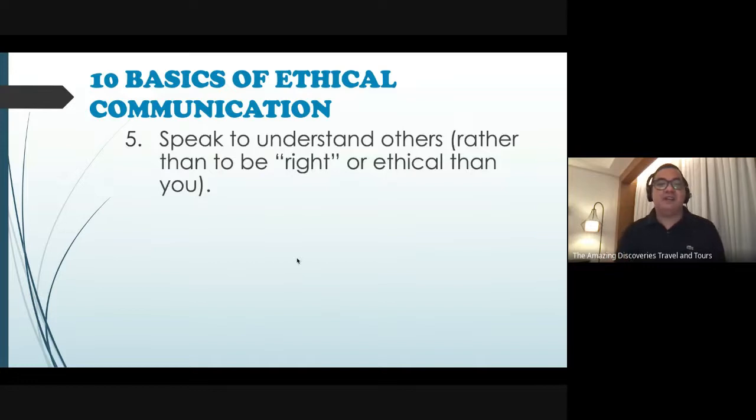Number 5, speak to understand others rather than to be right or ethical than you. So, we say something in order nga maintindihan nato ng iban. We let them repeat the things they wanted to say because we want them to express their feelings, because in this communication process sometimes no there are miscommunication nga nagakatabo, and sometimes we also assert our right.